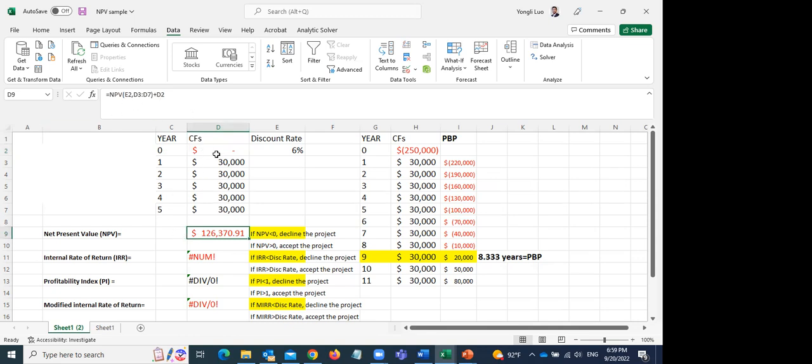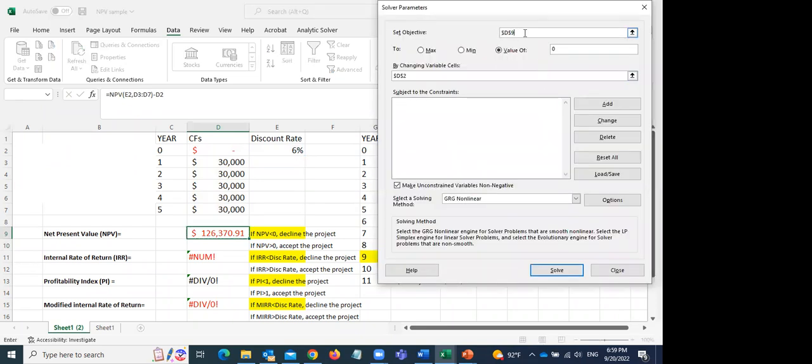Okay, so I'm going to change this formula to negative. So we do that again, Solver, and this is D. We set this one equal to a value of 0 by changing this cell.